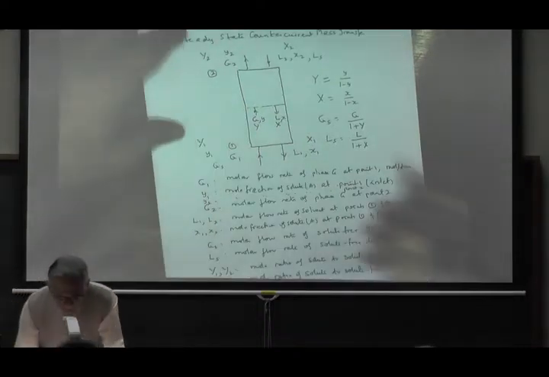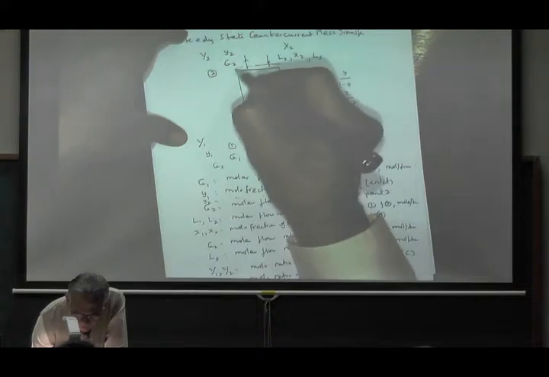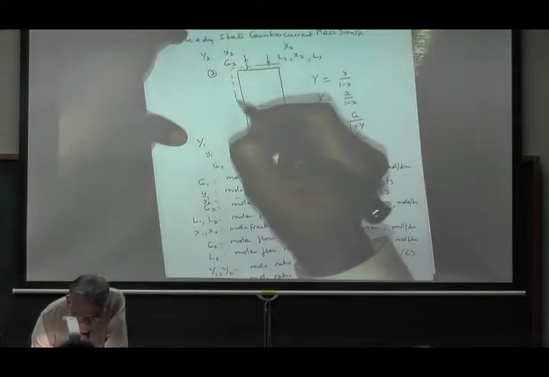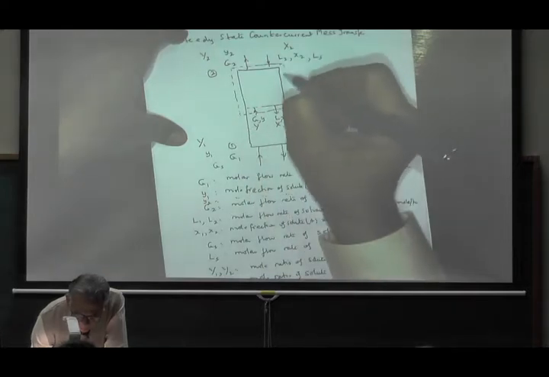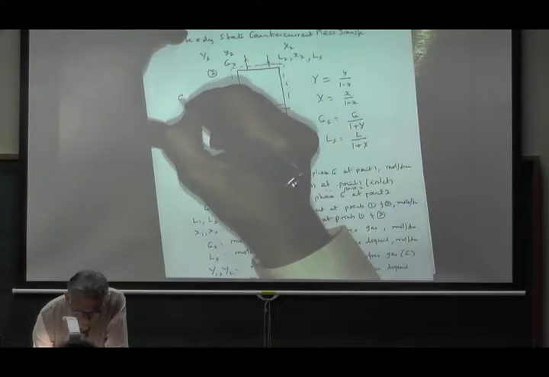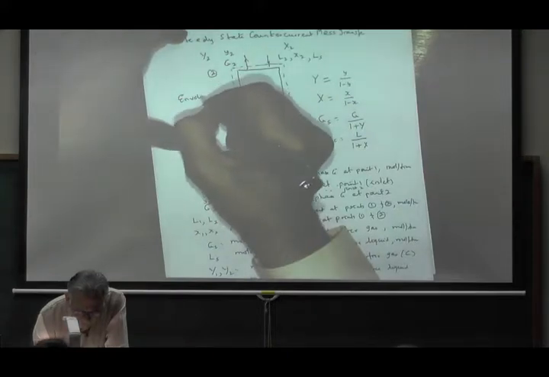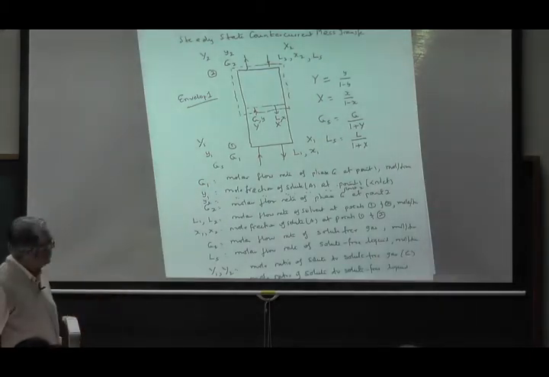So let's make a balance on any general section here. Let's call this envelope 1. So you make a balance on this.